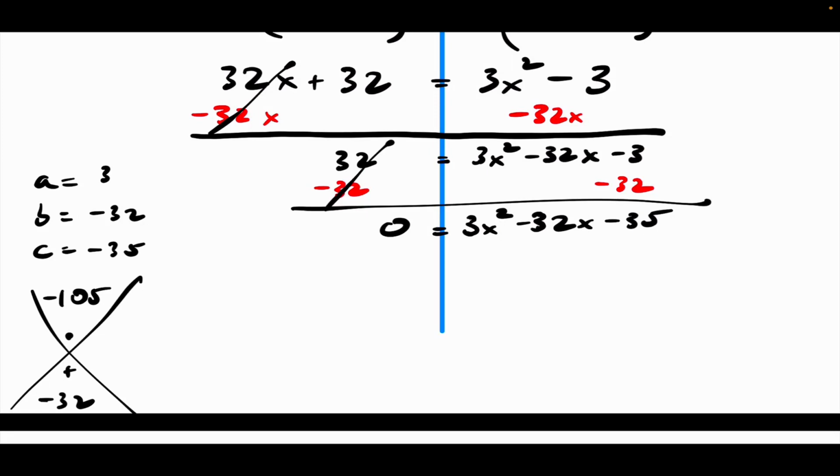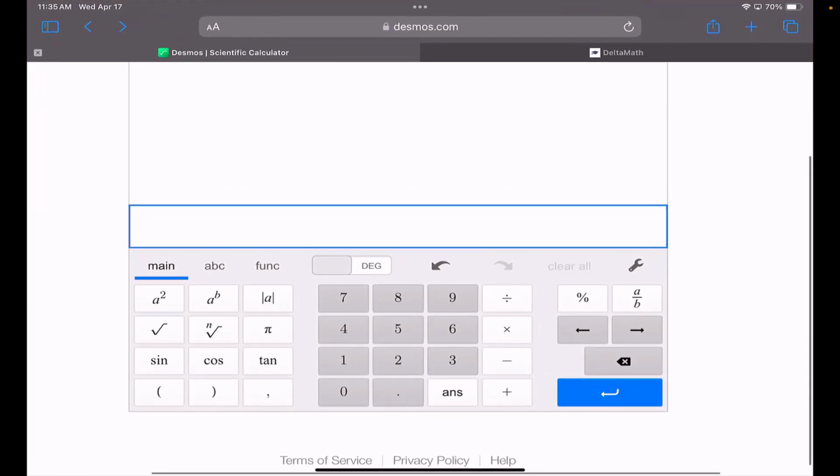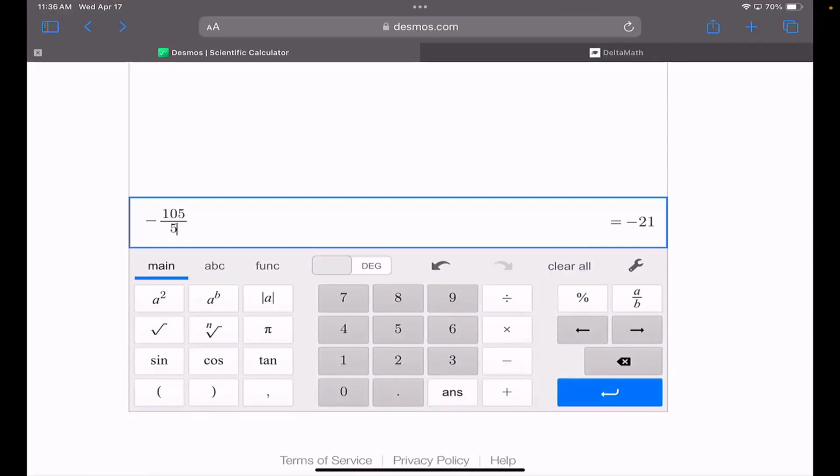So I got to come up with the two numbers that multiply to be negative 105 and add up to be negative 32. Let's see. I'm going to go negative 105. It's our division. I know 5 goes into it.